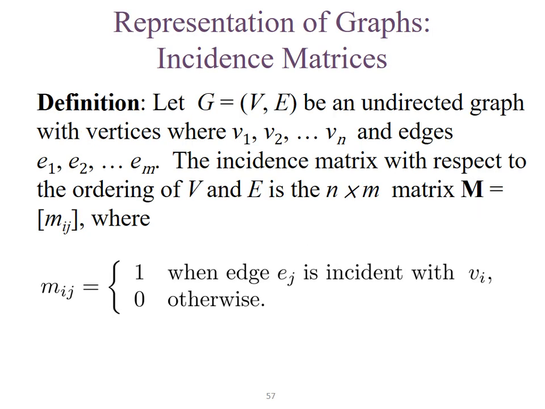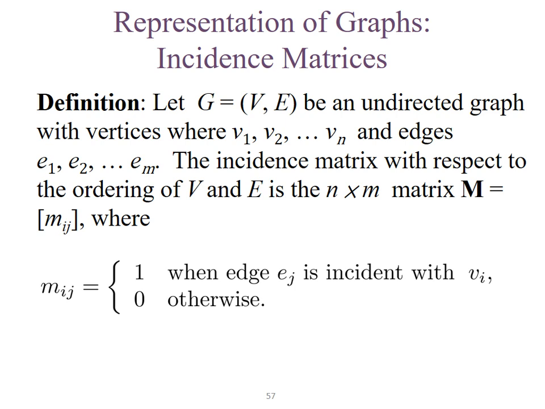Let's see another representation, which is called the incidence matrix. Okay, once we have the graph G, then we have V1 to Vn, n vertices, and we have E1, E2 to Em, m edges.